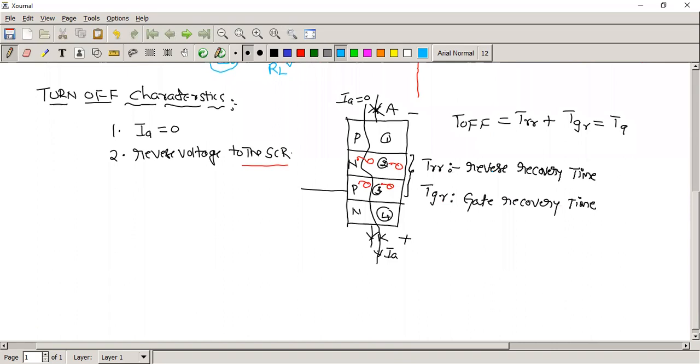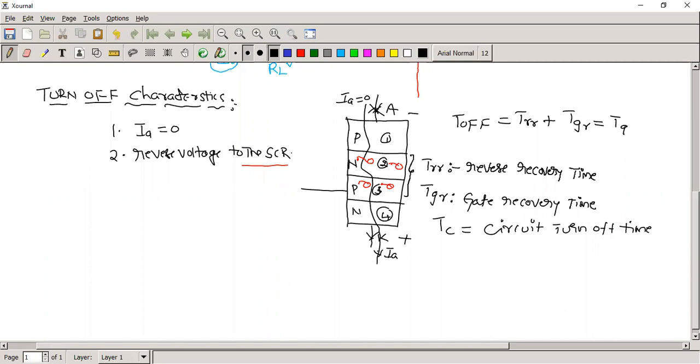Here we are writing the same thing: tC is the circuit turn off time.